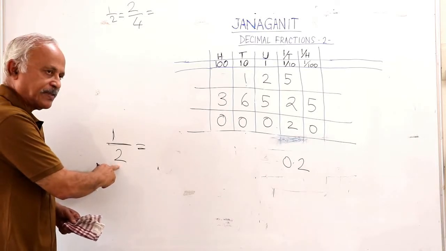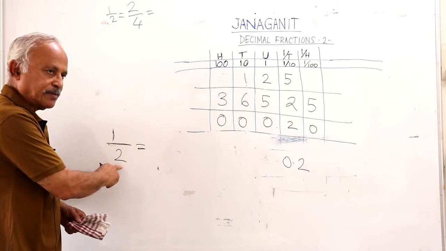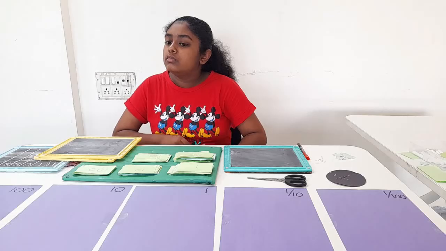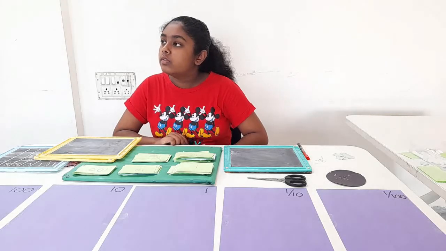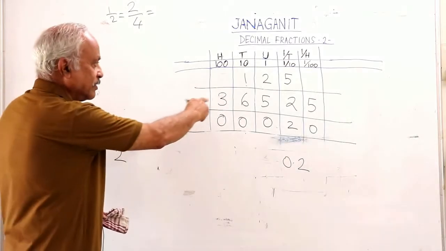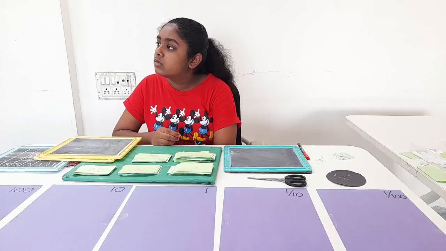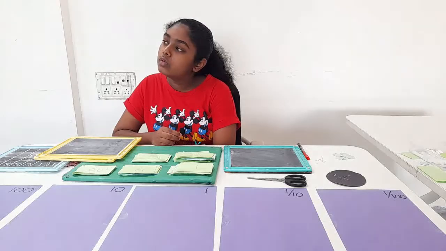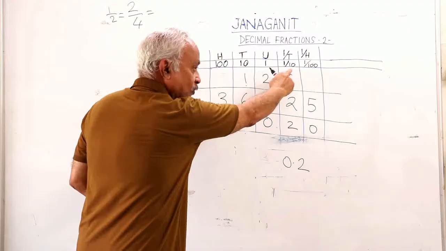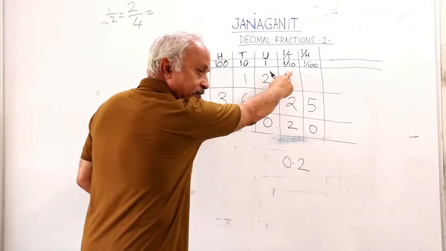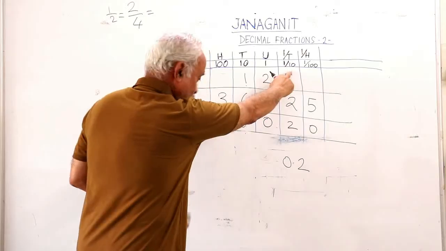So what is half in place value? Here, can I take hundreds? No. Can I take tens? No. Can I take ones? Can I take 1 by 10s? How many? 2. For half.